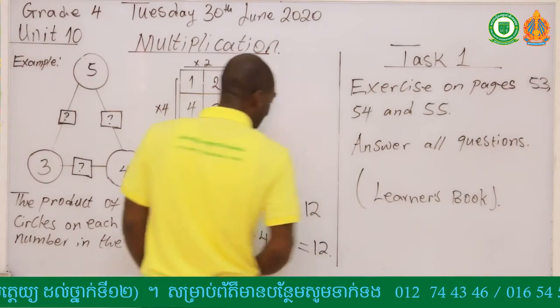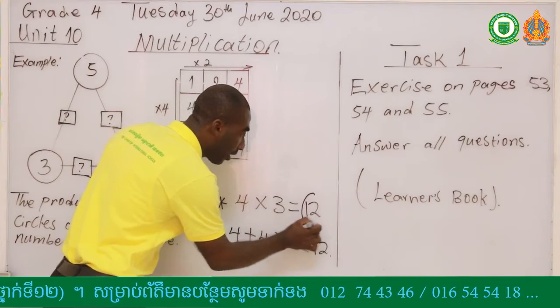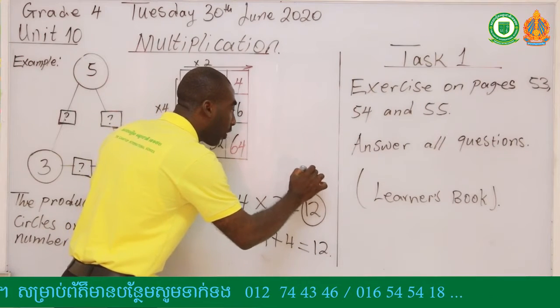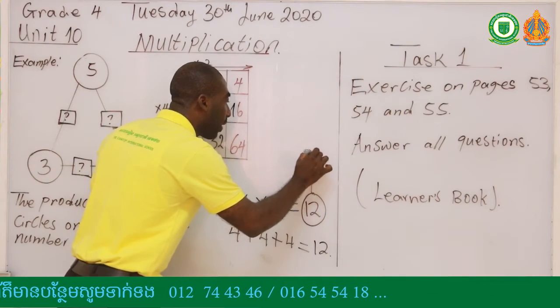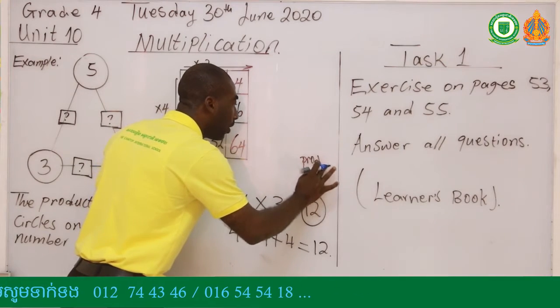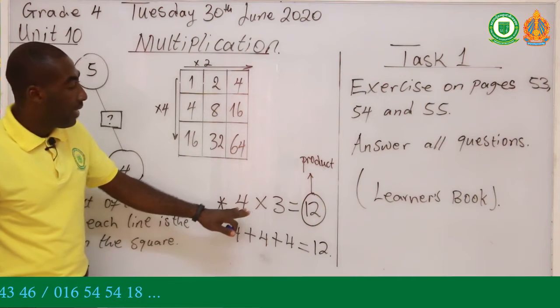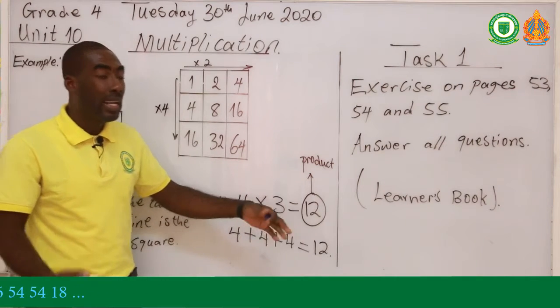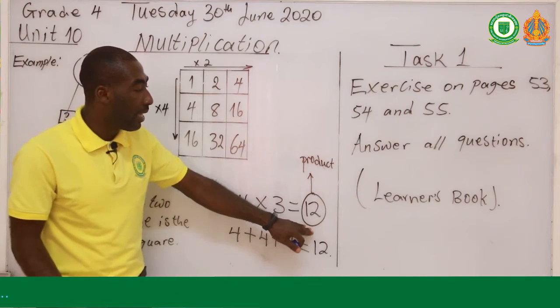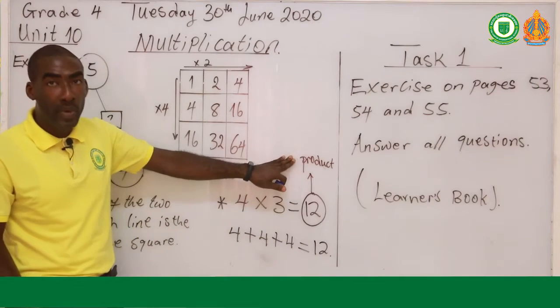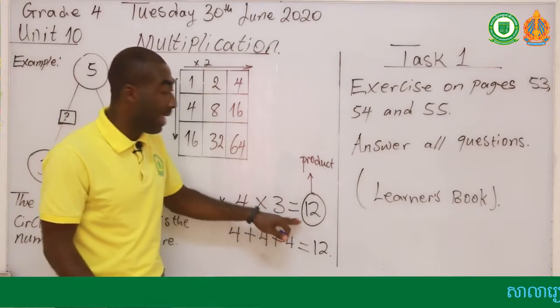The product is this. This is what we call the product. When you multiply 2 or more numbers, the answer that you get is what we call the product. Okay, so now we understand product.